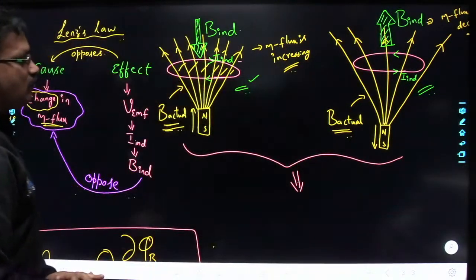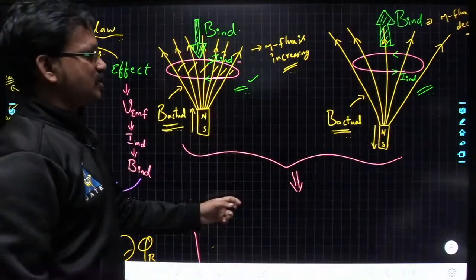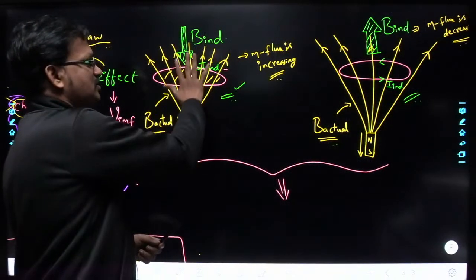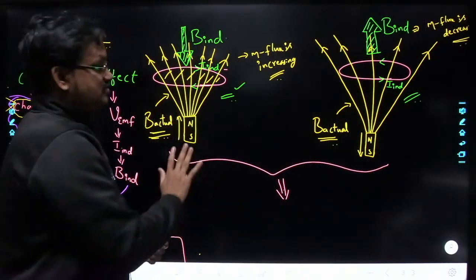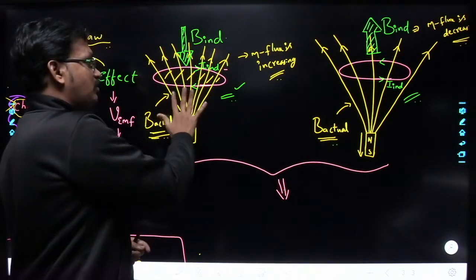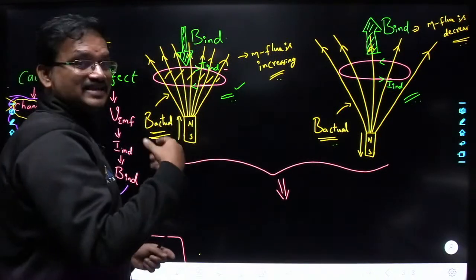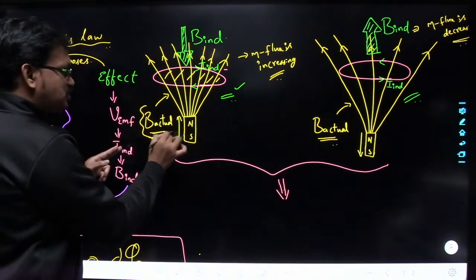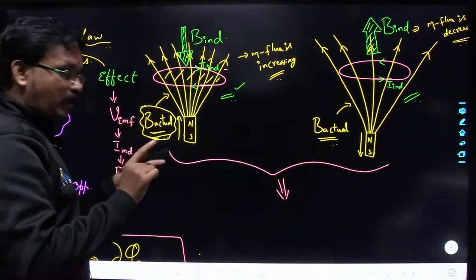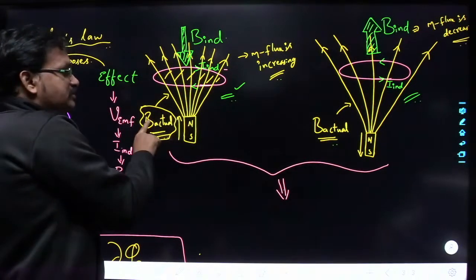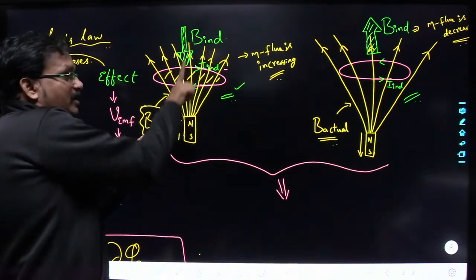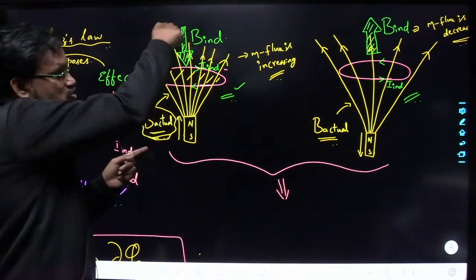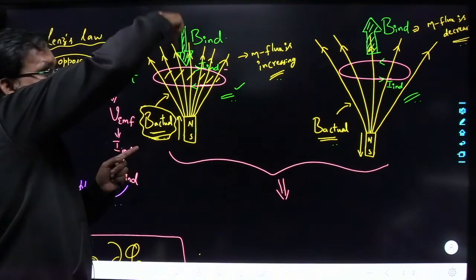Now see here, whenever the magnetic flux is increasing, that means whenever the number of field lines that are penetrating through the loop is increasing, if you observe the direction, the direction of B actual is pointing in the upward direction, and the induced magnetic field is pointing in the downward direction.